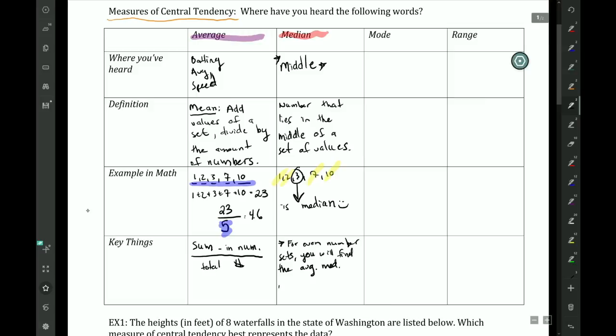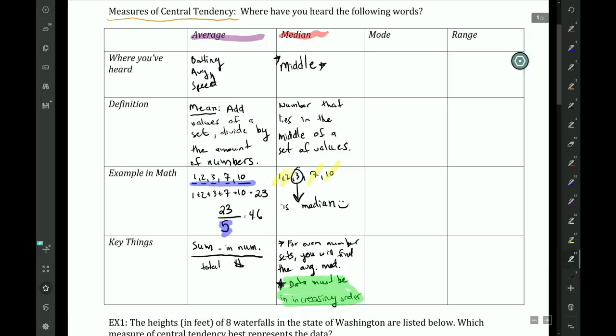And always, the bigger thing is data must be in increasing order. That is the real big thing. You have to have everything increasing from left to right.